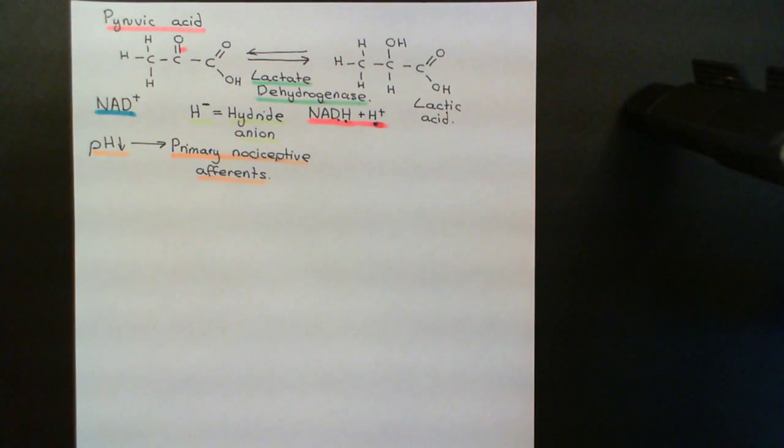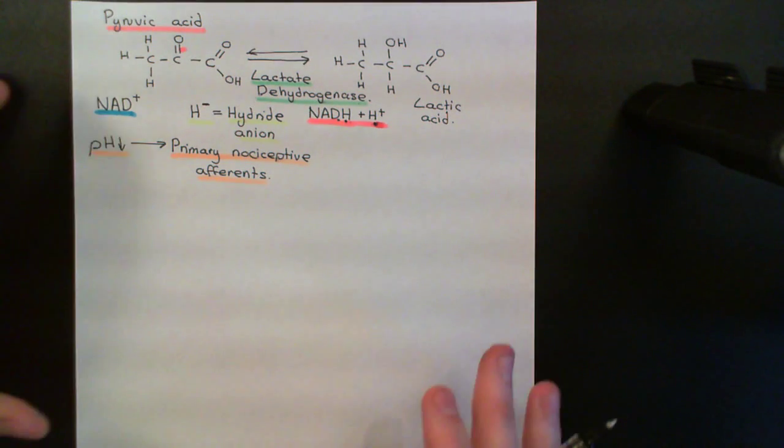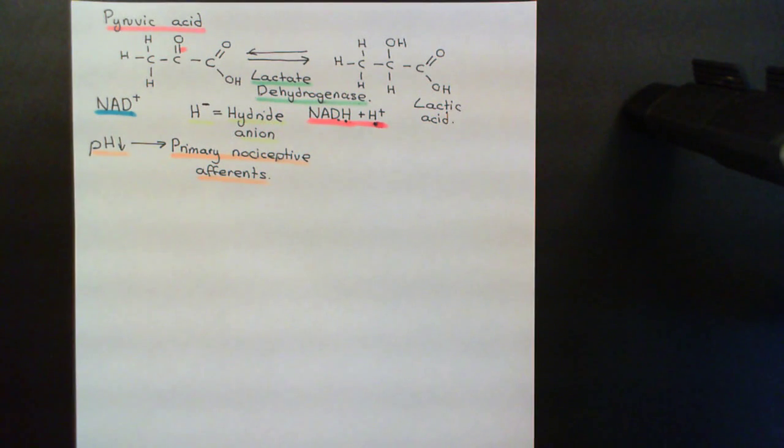So the final thing that I want to explain then is why do you get the referred pain up to the left shoulder? Well, this has to do with the convergence of primary nociceptive afferents onto secondary spinothalamic neurons. The primary nociceptive afferents are activated by the pH being too low in the extracellular fluid.